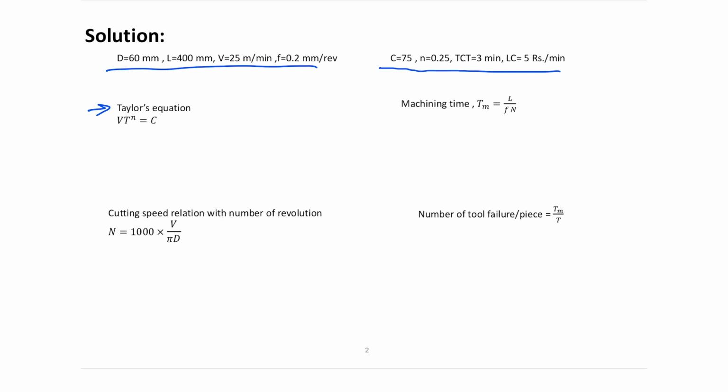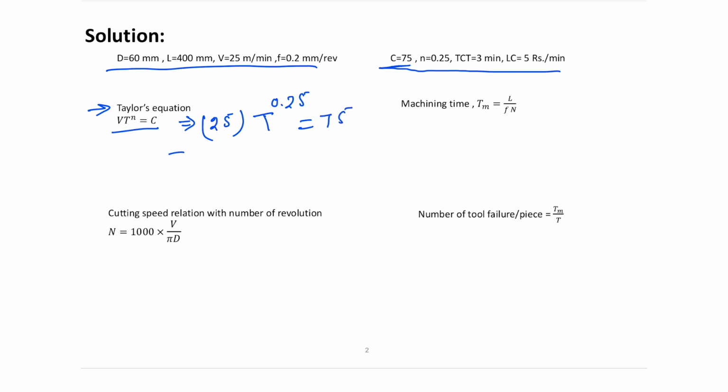So we know Taylor's equation, V T^n = C. What is V? V is the velocity, and T is our tool life. C is the constant. So by using this equation we can find T. We are given V equal to 25, T we have to find, and N is 0.25, and C is 75.